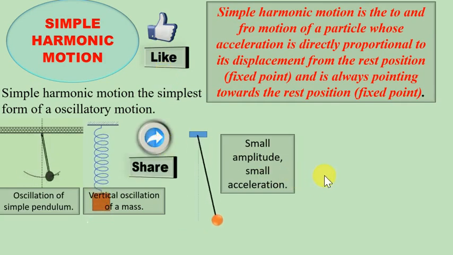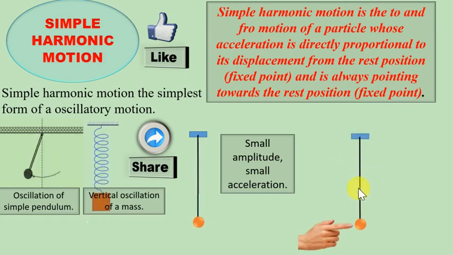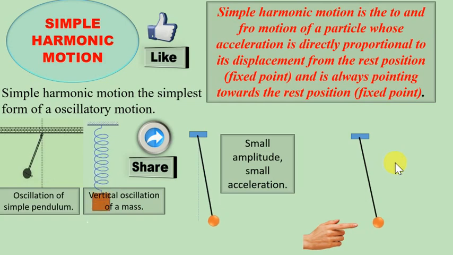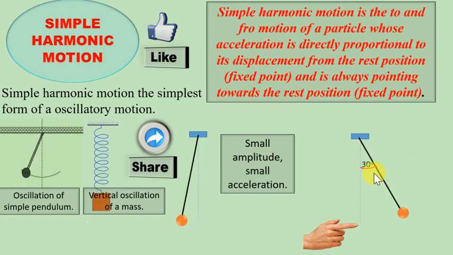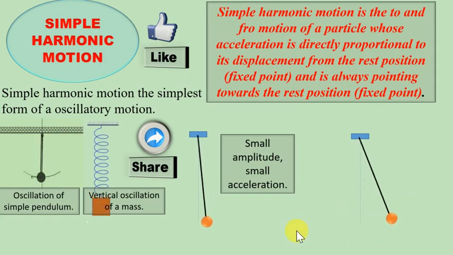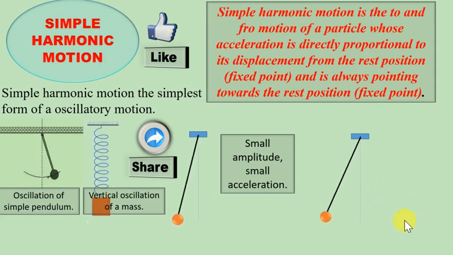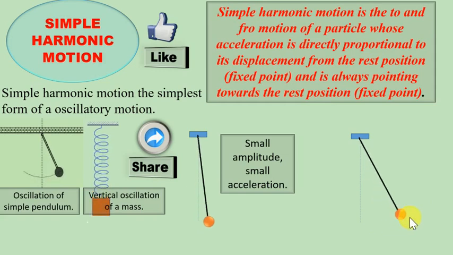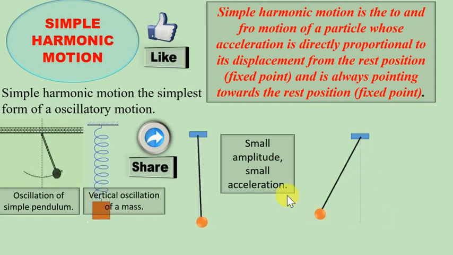So now let's see what happens if we give it a large displacement from the rest position. Displaced through an angle of 30 degrees, greater than 15. What happens? You can see the oscillation is faster, or in other words, the acceleration is greater than before.